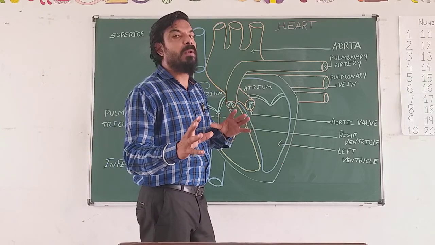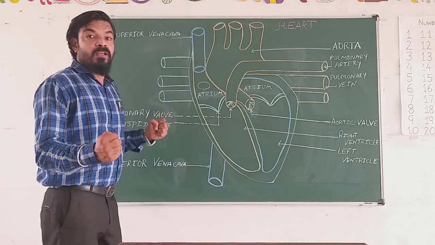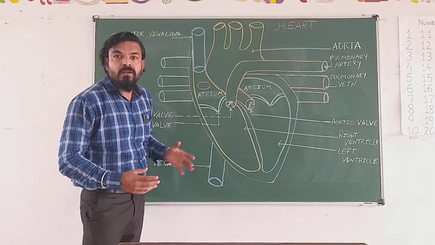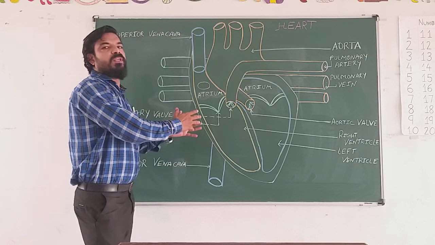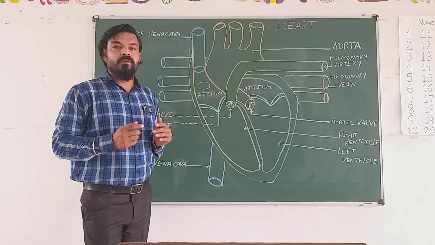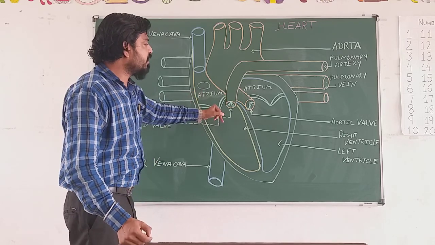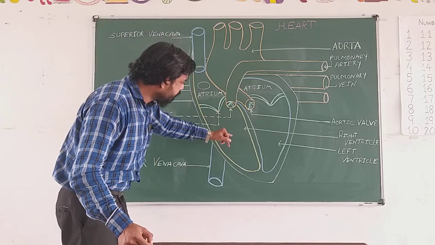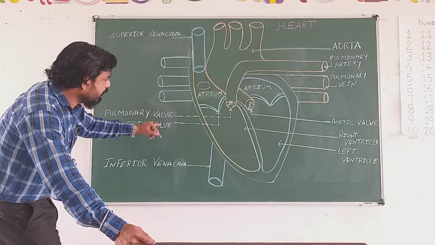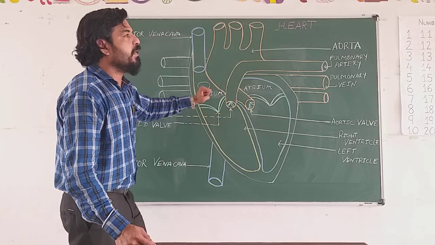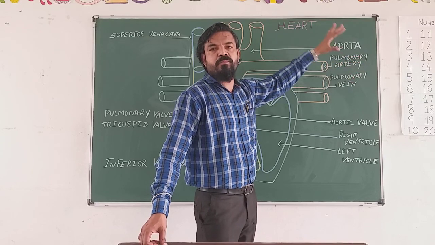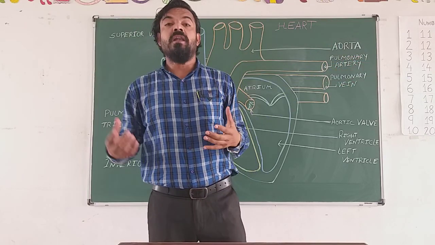That is why pulmonary arteries are given the duty of collecting the deoxygenated blood from the right side of the heart. Got it? The deoxygenated blood is collected from the right side of the heart with the help of the pulmonary valve, which opens during pumping, and reaches the pulmonary arteries. With the help of the pulmonary arteries, it reaches the lungs.